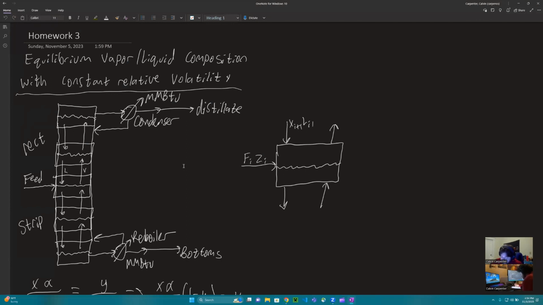And then vapor, you're going to have y i minus 1, V i minus 1. And then on the outlet, you're going to have y i V i. So that'll be your balance for each stage, and your stage is i.